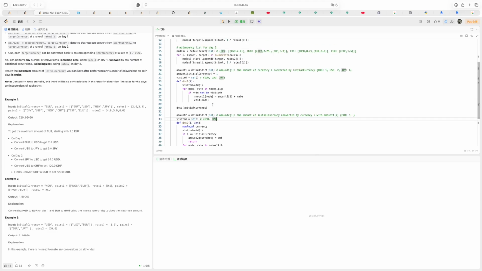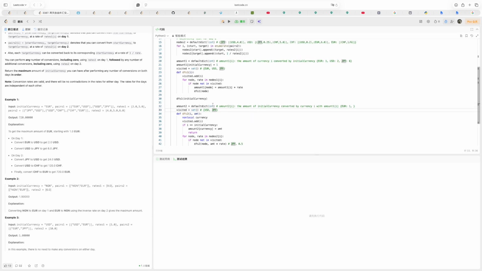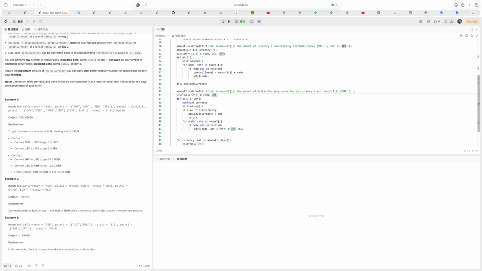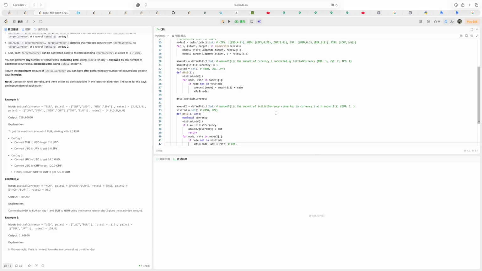And then for the USD, we will go to CHF. So we will now have CHF, and since the amount is 2, we will have 10.